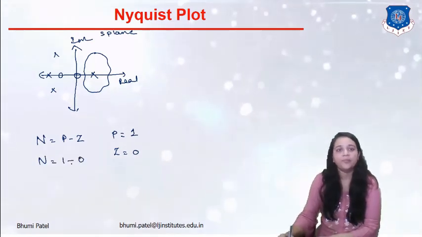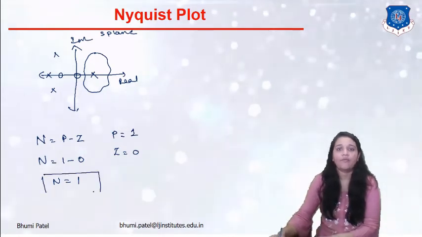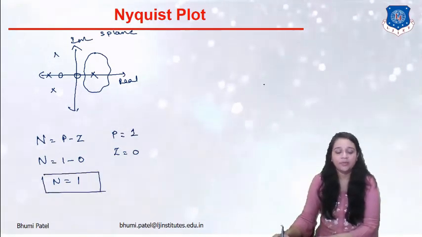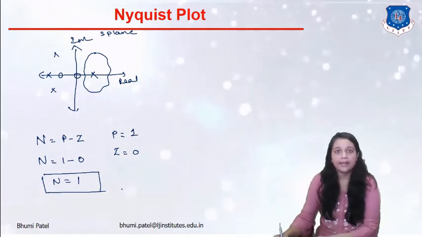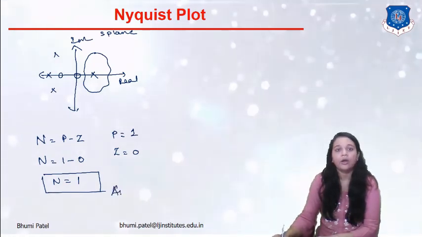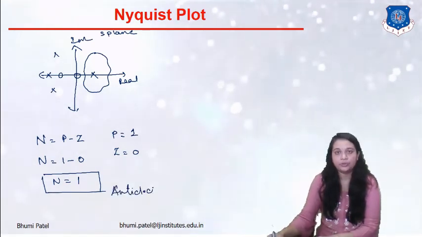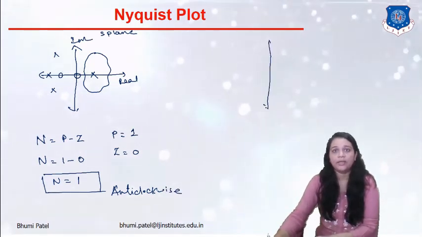So we get n is equal to 1. Okay, so the value of n is positive. That means the direction of the contour, or the direction of the Nyquist plot, is anti-clockwise.